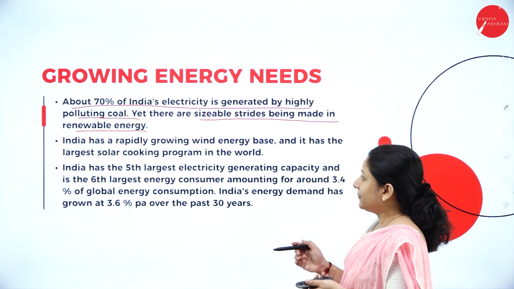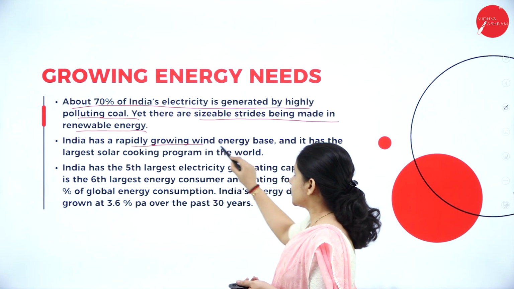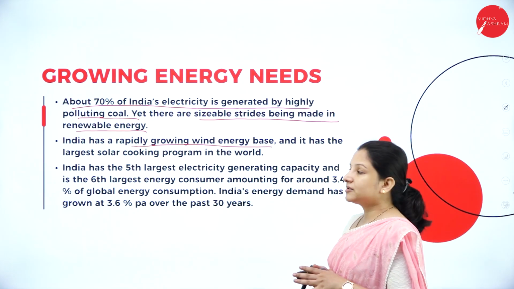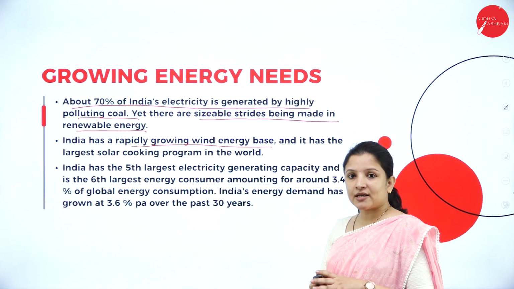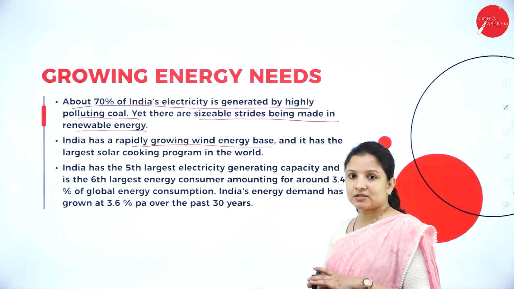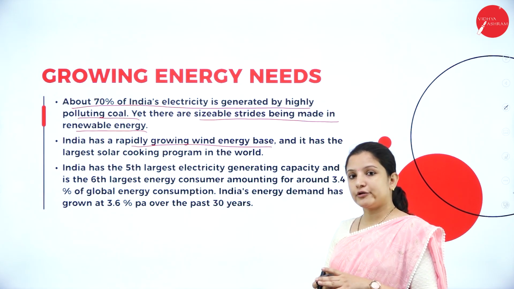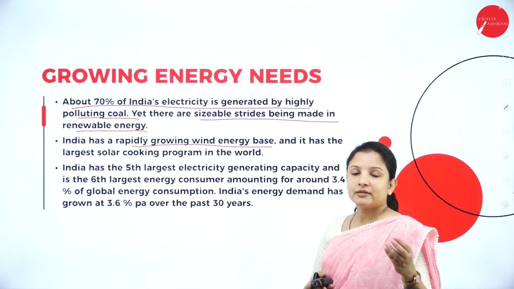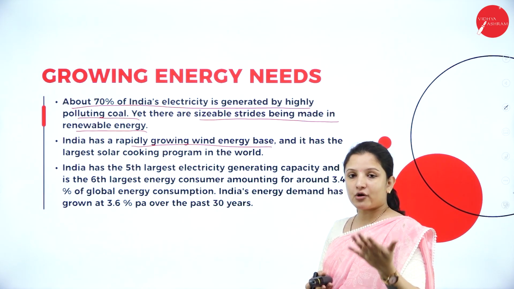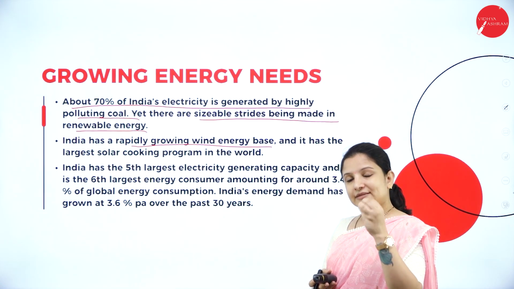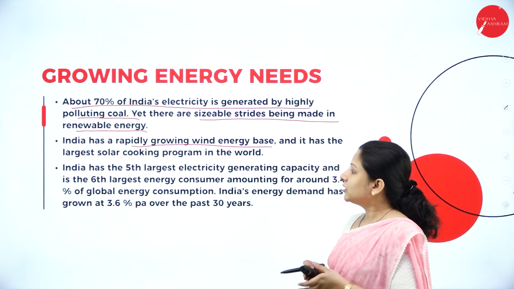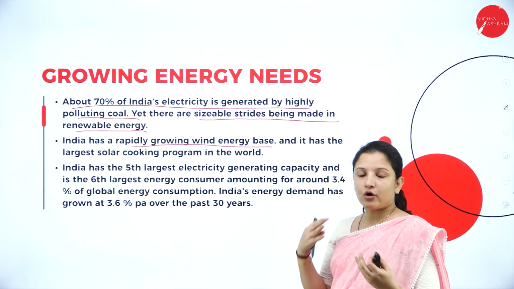India is rapidly growing its wind energy base. We are in the tropics, and the tropics receive enough wind, because the heat received in the tropics is enough for proper wind or air flow. The equator receives more heat, but the tropical region receives less heat, though enough for proper air flow.